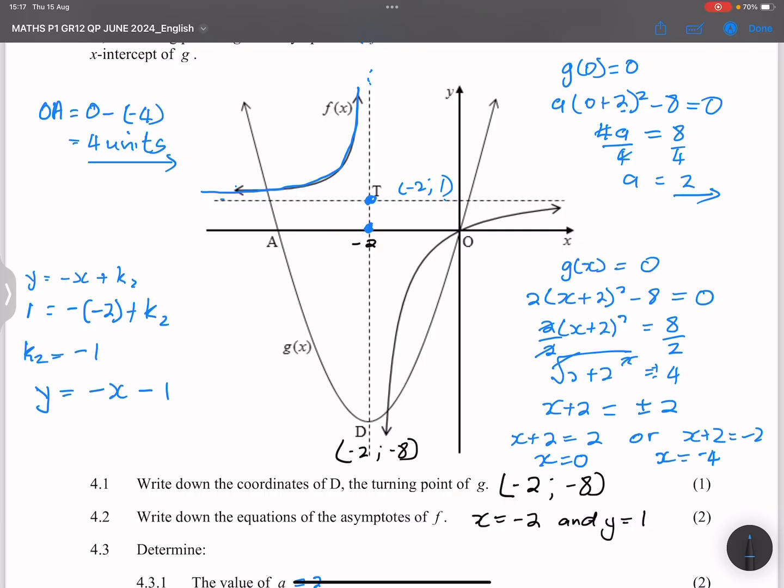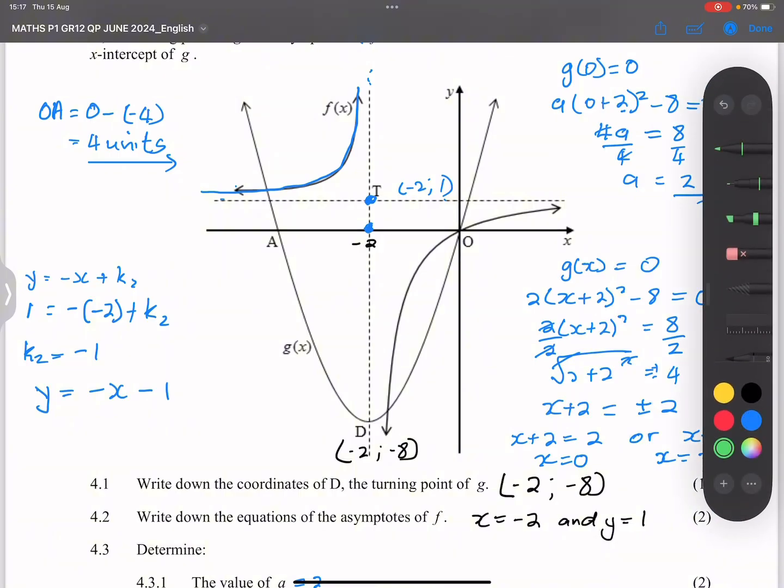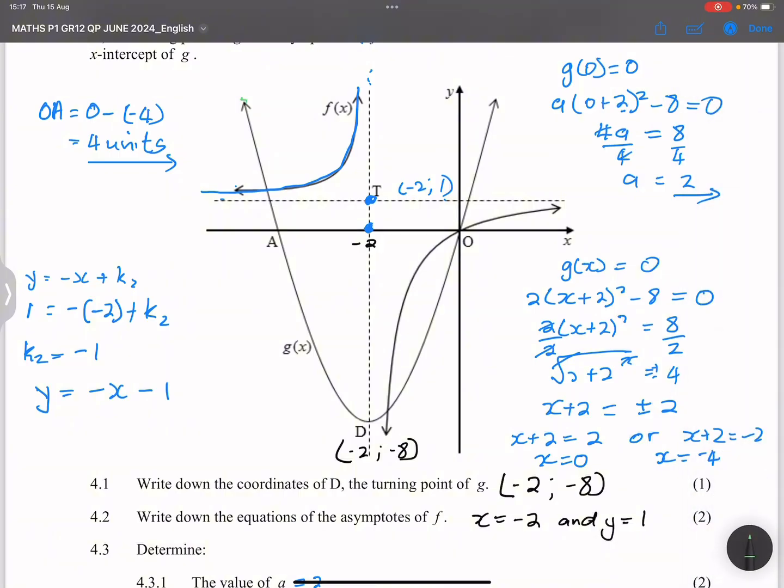However, the graph of g is only positive from negative infinity. Remember, it will come all the way from negative infinity until this point. Then it starts becoming negative from there.